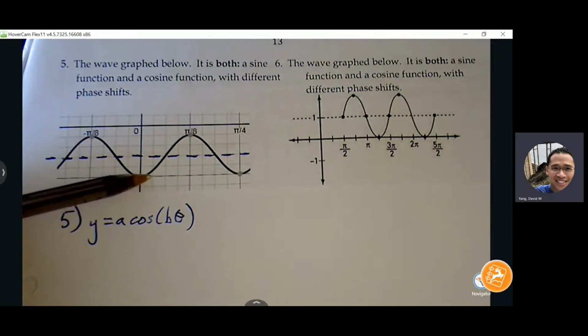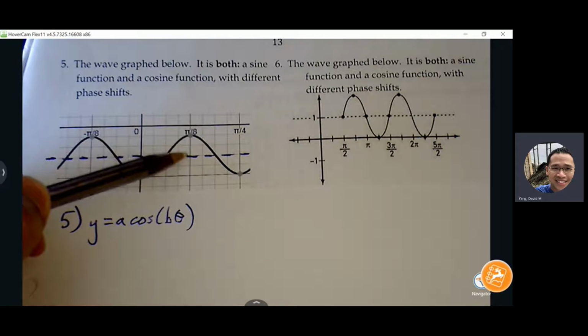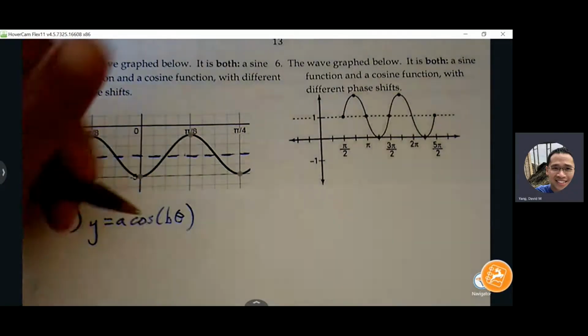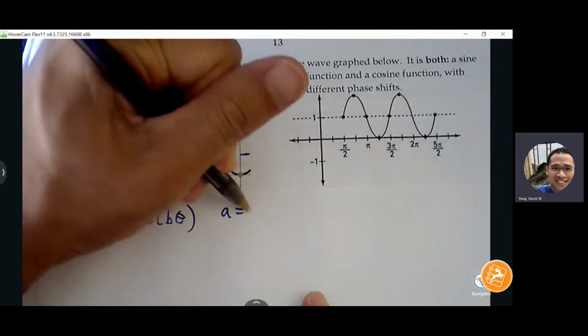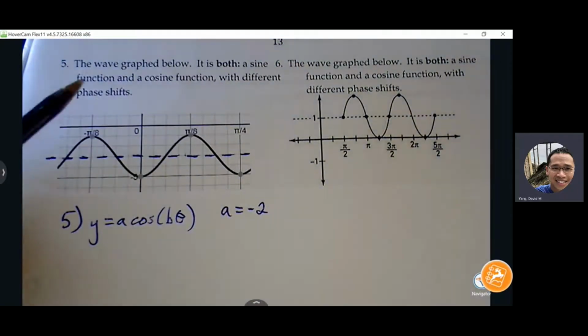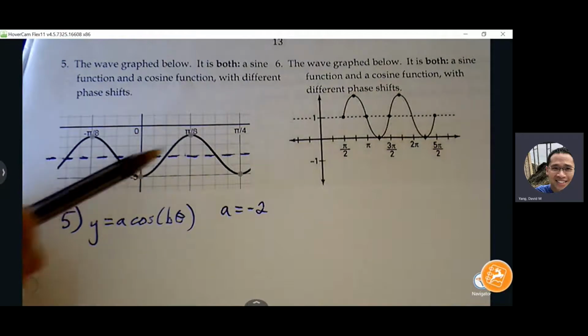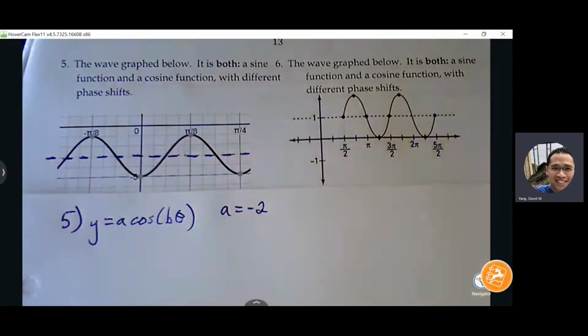So what's that distance going to be? Good. So your amplitude is 2, right? But then there's a negative component because we're getting reflected. So we know our A value is -2. Okay, does that make sense? Make sure you're not counting the full distance from max to min, right? You've got to count from the center to the max or center to the minimum. That's your amplitude.